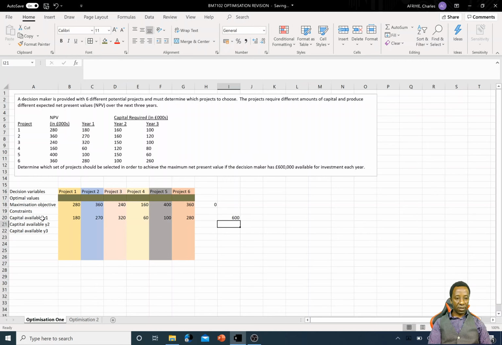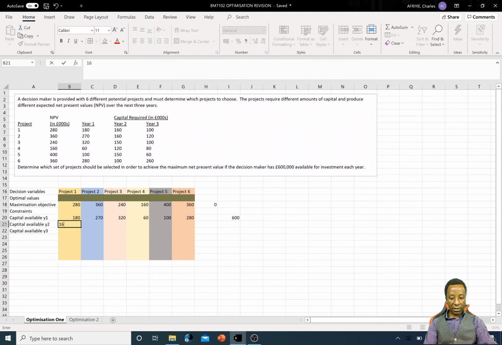Okay, so for year 1, these are the respective capital requirements, and the constraint available, the resource that we require, the total bulk that's available is 600, so it's on the other side. We do the same thing for each of the other years.